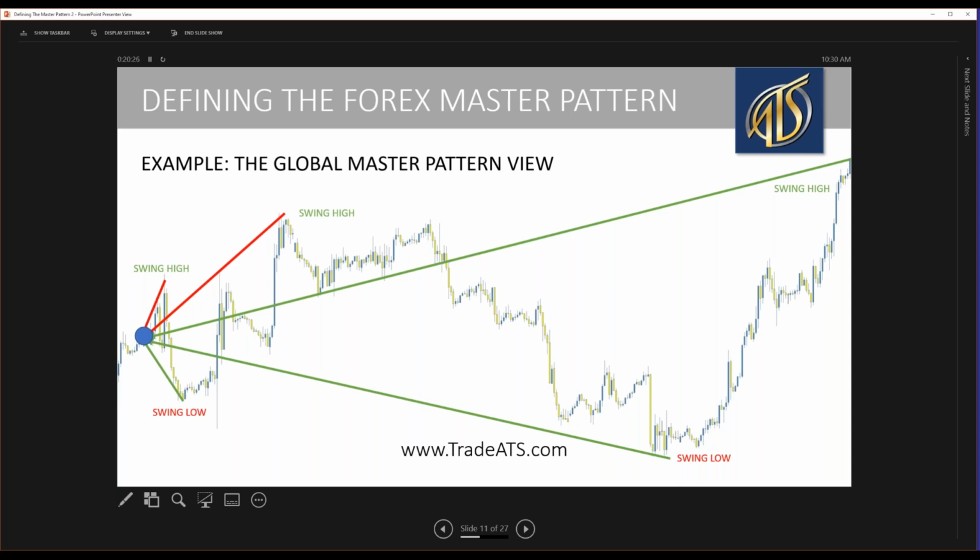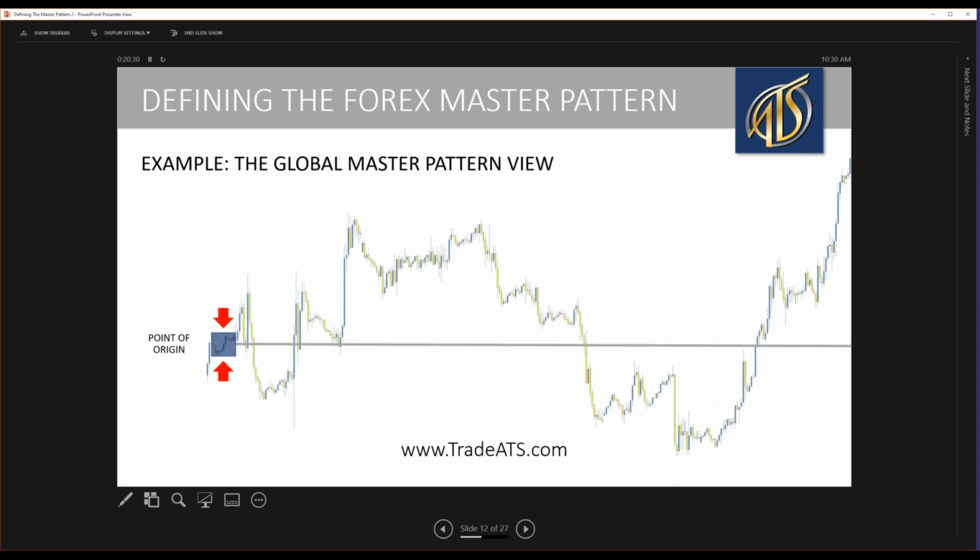You can define it back to a point of origin. You guys see, so this is just the same movement. I just squished it up a little bit. That's the point of origin. And you could have defined this point of origin after the first swing high and swing low. You guys understand that? So that's that first pop out of the box going long, and then you swung low.